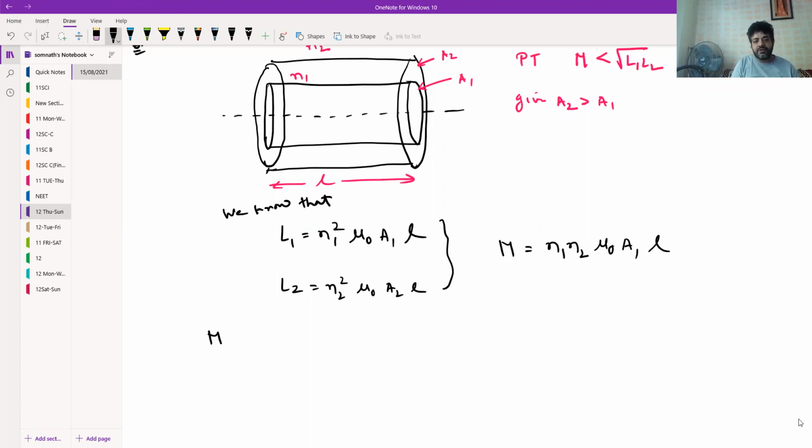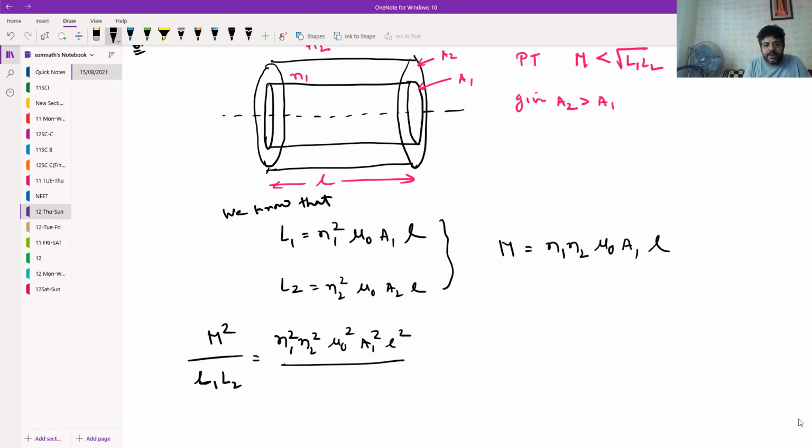So now if we square M and write M square by L1 L2, what happens? N1 square N2 square mu naught square A1 square L square, divided by N1 square mu naught A1 L, N2 square mu naught A2 L. Now N1 square, N2 square cancel, A1 L square cancel, mu square cancel.